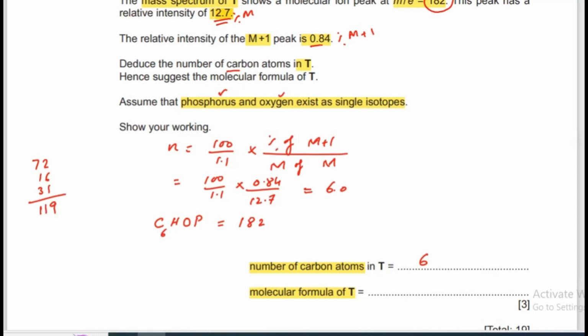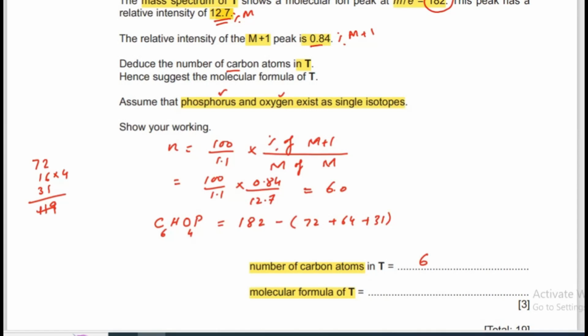Yes. So if you subtract, I think there are phosphates. It means that there are 4 oxygens, PO4, yeah. So there are 4 oxygens, so 16 times 4. So we can subtract 72 plus 64 plus 31.